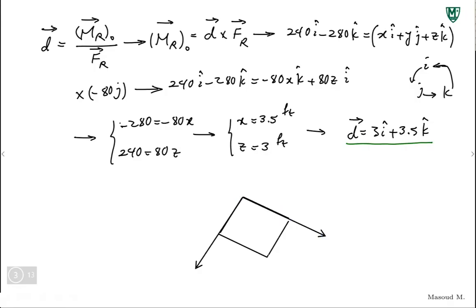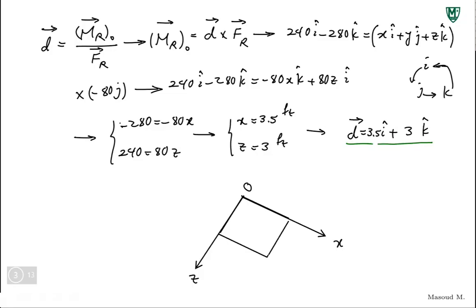Let's say these are x and z components, and this is point O. Isn't this supposed to be flipped? Yes. I have no idea why they put 3 for z and 3.5 for x, for k. You know what I mean. So it's going to be 3.5 I. This is going to be 3k.